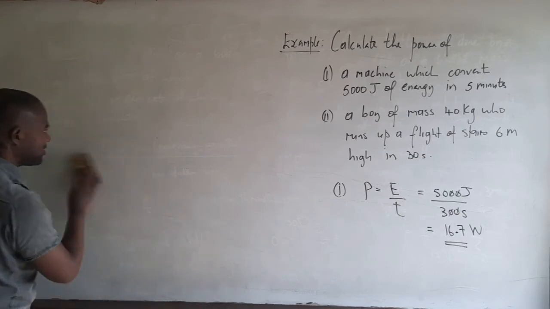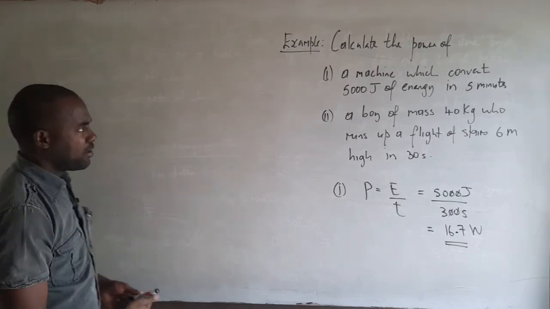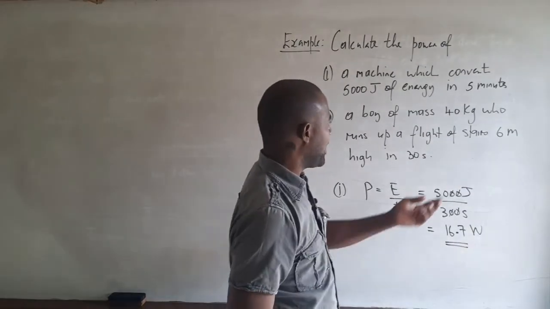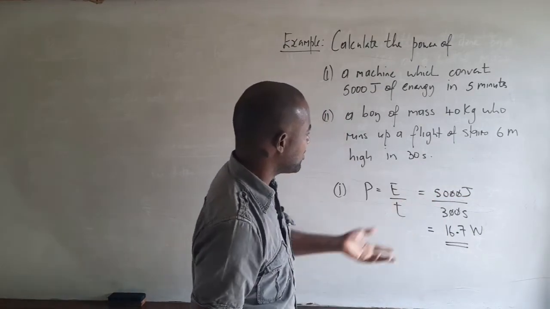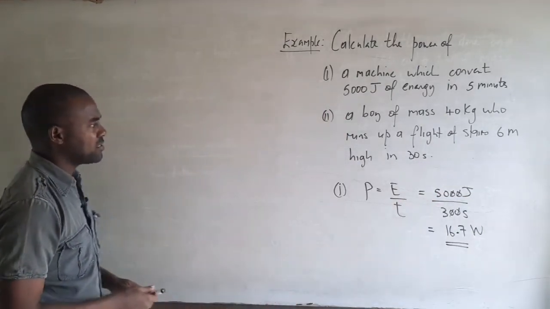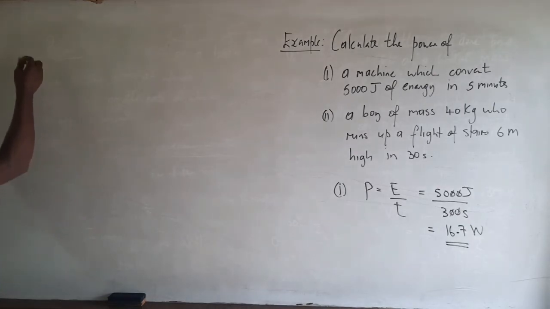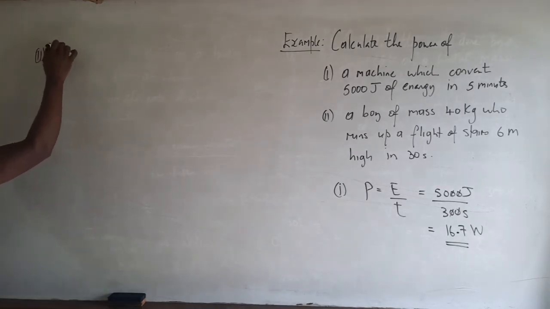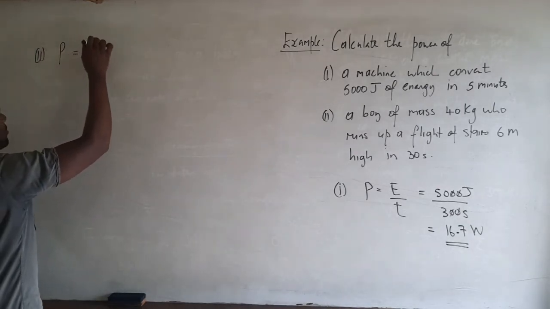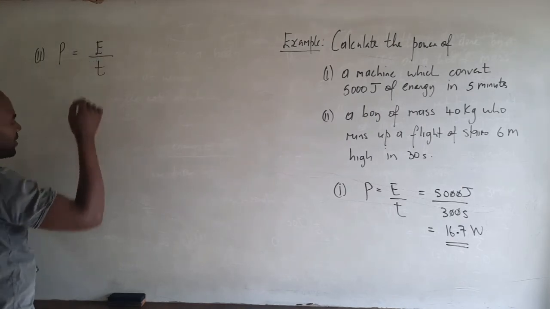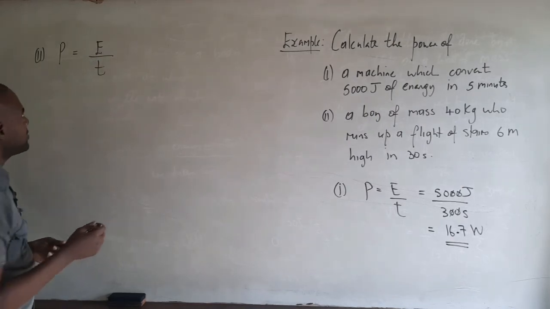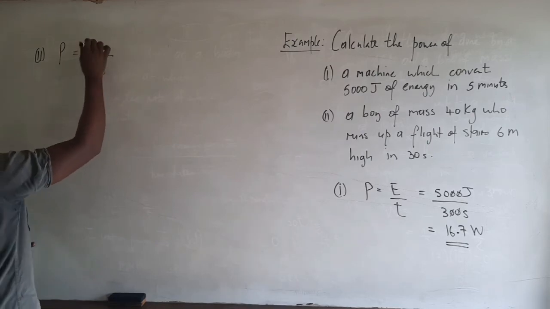Now in the second case, what we have is a boy of known mass running up a flight of stairs of a known height in a certain time. So the same formula would basically apply. The power is equal to the work done, or the energy converted, divided by the time taken. Right? So let's use work done.